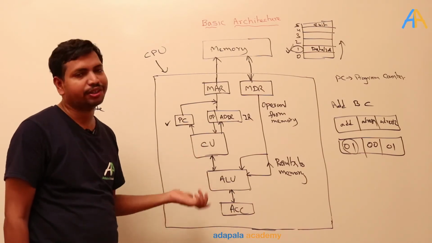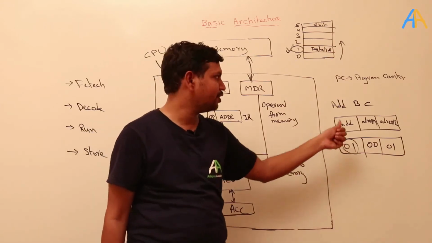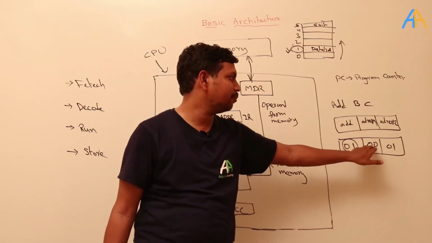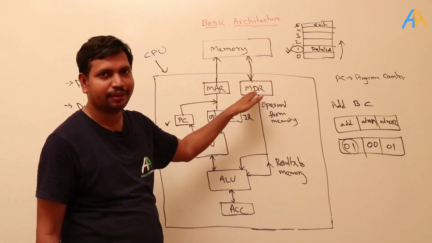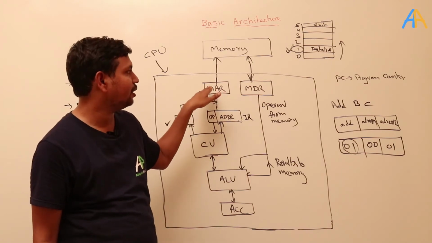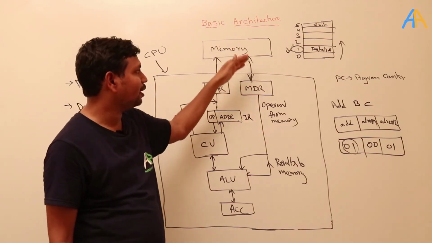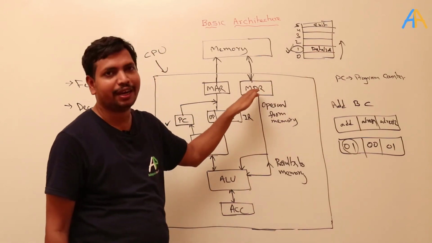Okay, before that what should it do? It should get the data, meaning which 2 numbers it has to add. From the 0 0 address location, it will place 0 0 again in the memory address register. Okay, 0 0 is the address. So memory will give the data at that particular location, and whatever data is inside, it will place in the memory data register.